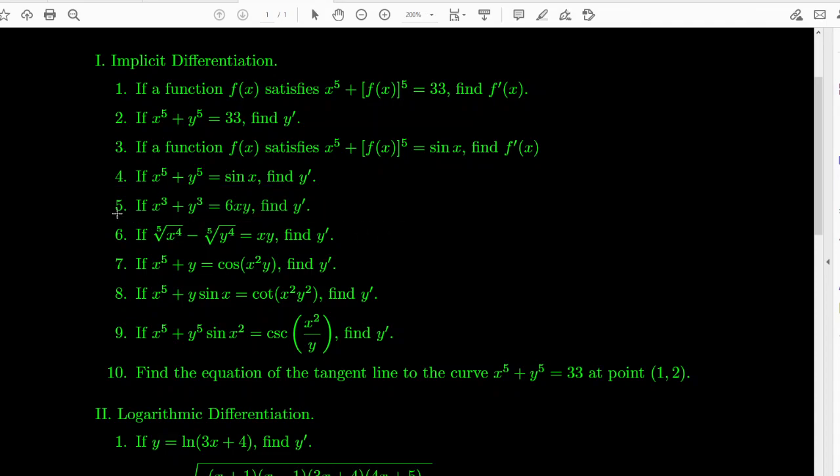This time I'm going to change both the left hand side and the right hand side. Now let's look at question number 6.